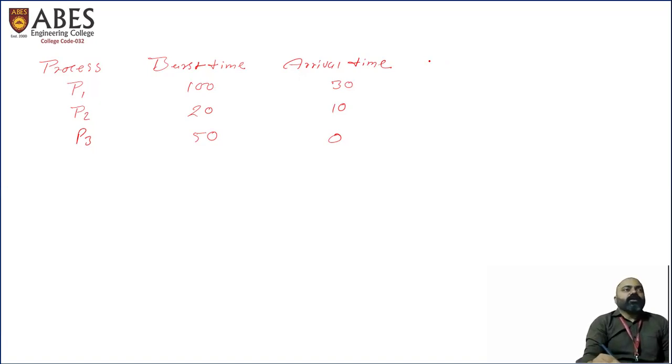What is the question? The question asked is the same. We are asked for AWT, meaning average waiting time, and ATAT. So let us see. First, we have to calculate individual waiting time for all. So for that, we prepare a Gantt chart here.